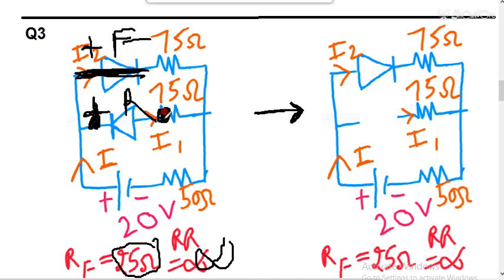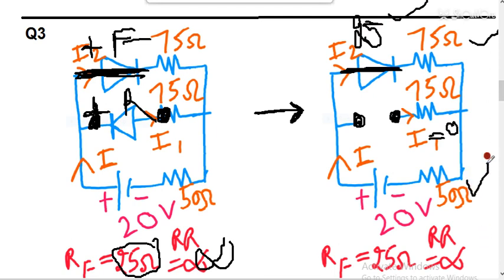So this was the concept, and I drew the diagram here. It is an open circuit and current I1 will be equal to 0, and the rest of the currents we have to find. This diode is forward biased, so it will offer 25 ohm resistance. 25, 75 and this 50 are in series.